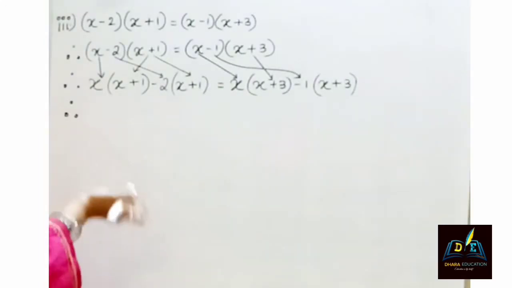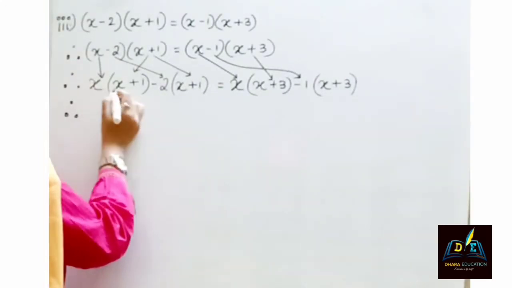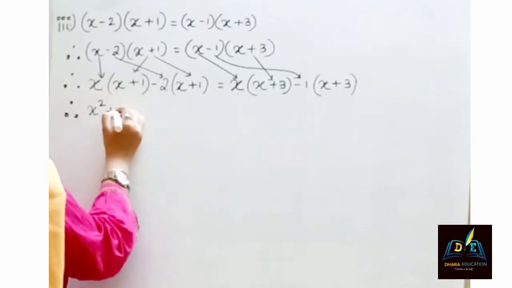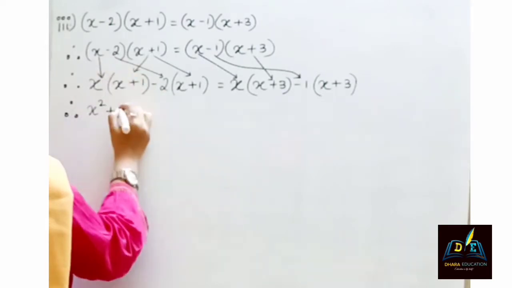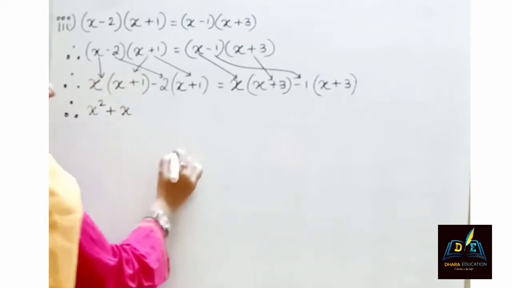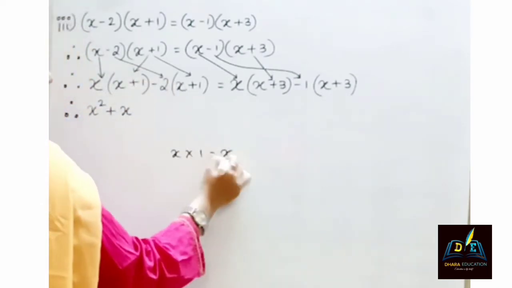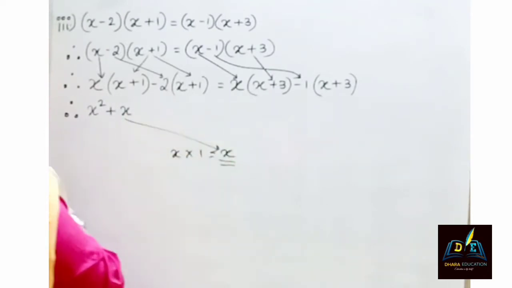Alright, the next step will be x multiplied by x gives you x square, plus x multiplied by 1 gives you x. Okay, so I have taken this x over here.